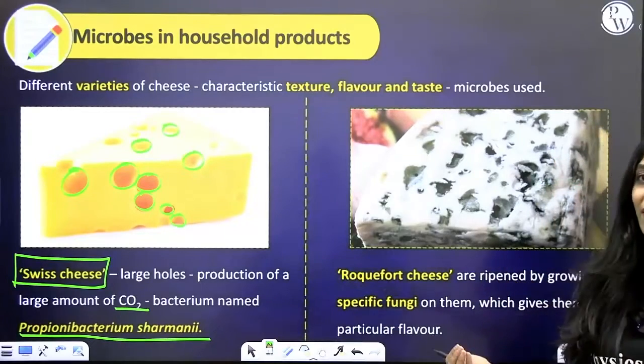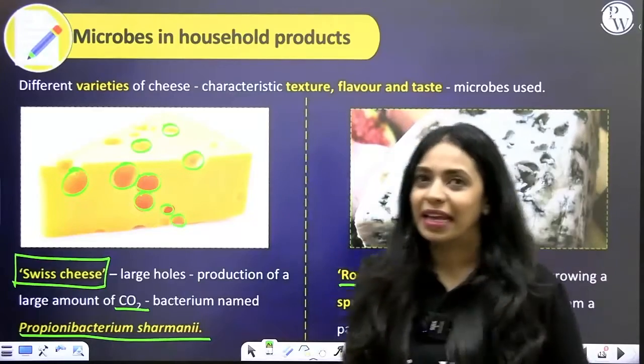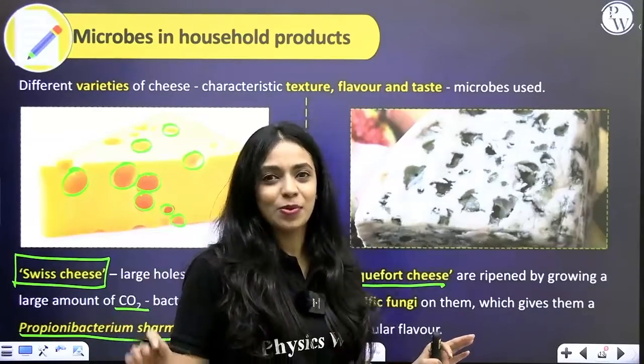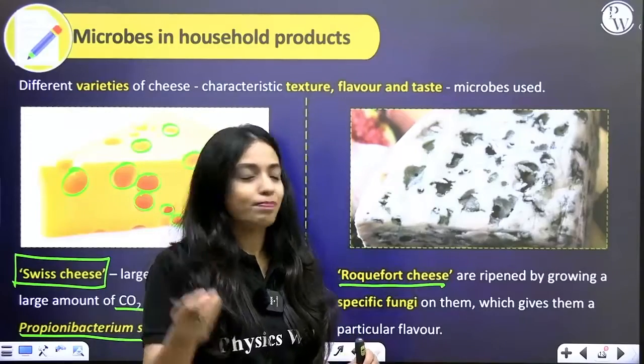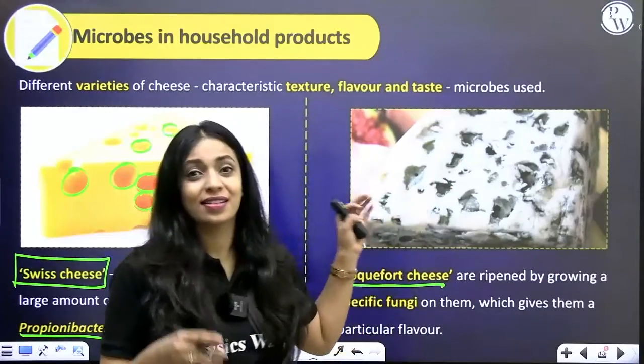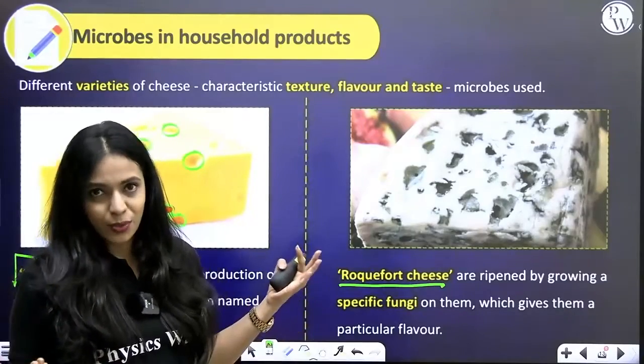Another example that you have in NCERT is Roquefort cheese. Roquefort cheese is mentioned in Peppa Pig multiple times, where it has bluish blackish patches and color on it, and it has a distinct odor associated with it.